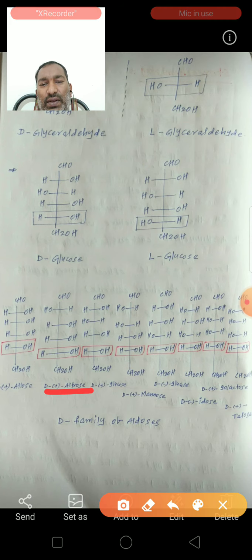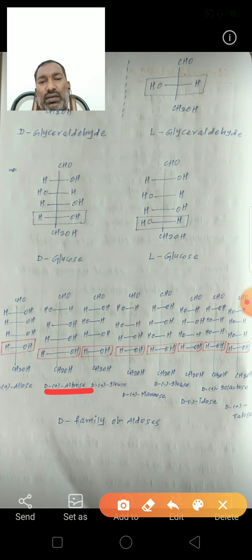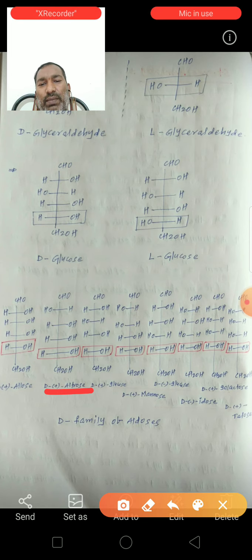Next, the fourth one, D plus glucose. We know in D plus glucose, second carbon OH is right, third carbon OH is left, fourth carbon OH is right, fifth carbon OH is right. Next is D plus mannose. Second carbon OH is left, third carbon OH is left, fourth carbon OH is right, fifth carbon OH is right.